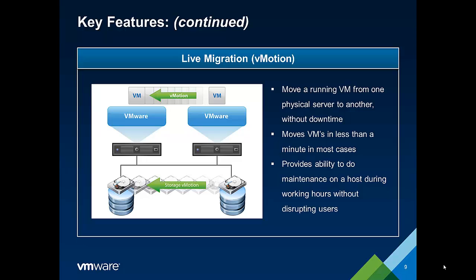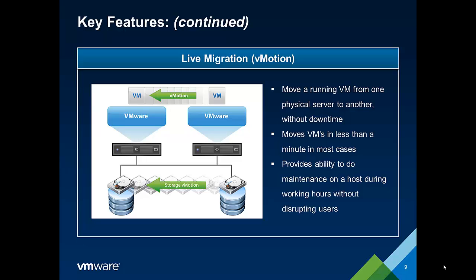It'll restart it on another host, where VMotion and live migration is talking about you have a VM that is currently up and running, but let's say you need to do some maintenance on a particular ESX host. So you can use VMotion to move all those VMs over to another host, do the maintenance on that host, and then move the VMs back.